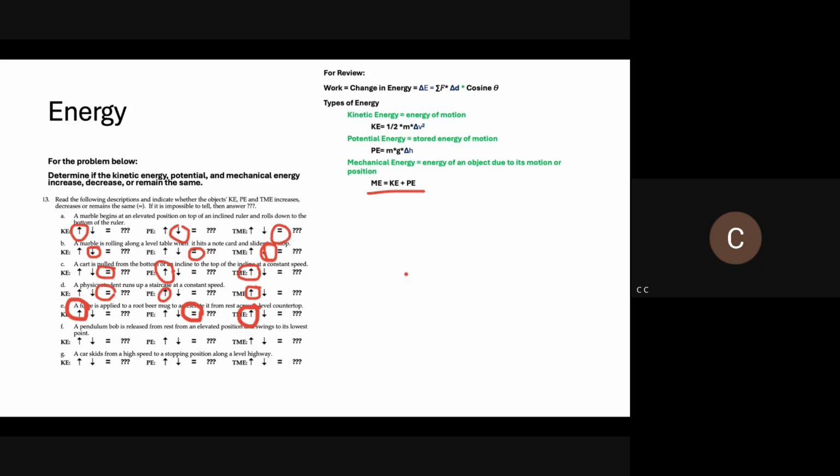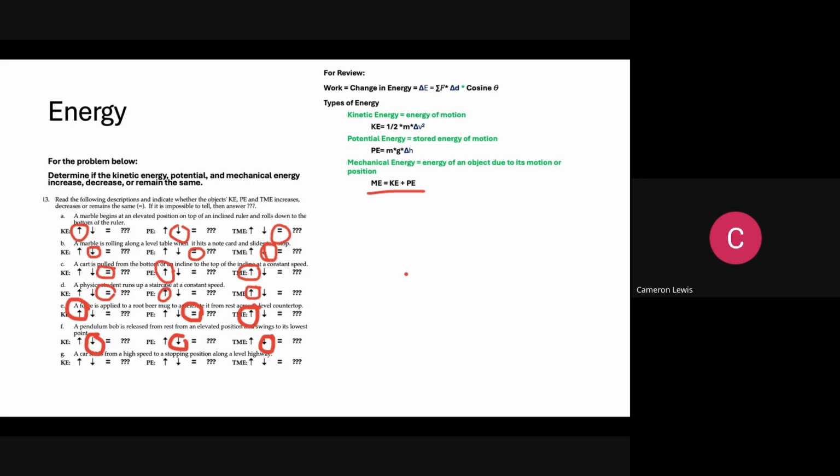And for potential energy, I put it was decreasing because it's going from being elevated to the lowest point. And for the mechanical energy, honestly, I put decreased. I don't know if that's right. Okay, so I'll leave those two and we'll come back and check them.